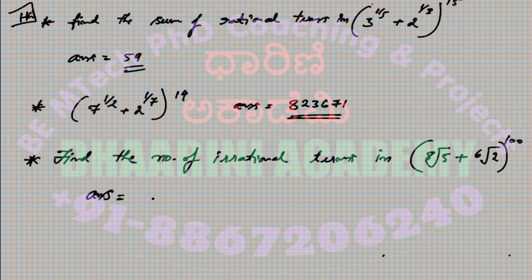So the answer to this question is there are 97 terms. Okay.